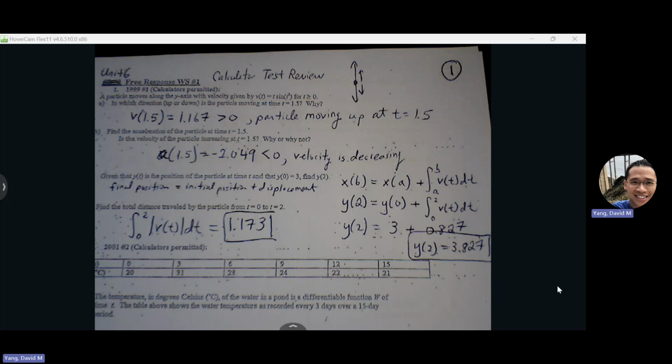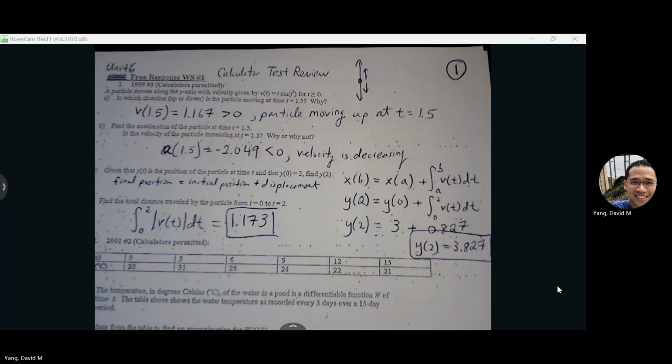So in this problem, we're able to see all the new calculator features that you're going to be practicing for this calculator test. Any questions so far?